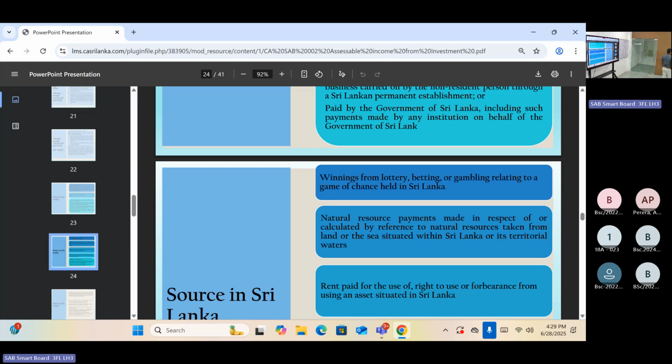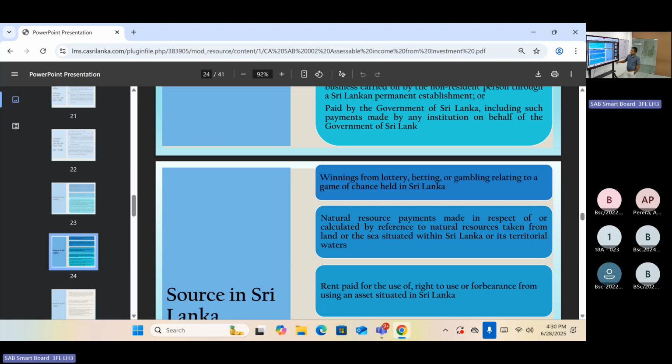We can buy a ticket through the web. A non-resident person can buy a ticket from the National Development Lottery Board via the internet, but if the lottery draw is happening in Sri Lanka, it shall be treated as a source in Sri Lanka, because in the case of a non-resident person, his income should be generated from Sri Lanka, otherwise he cannot be taxed in Sri Lanka.